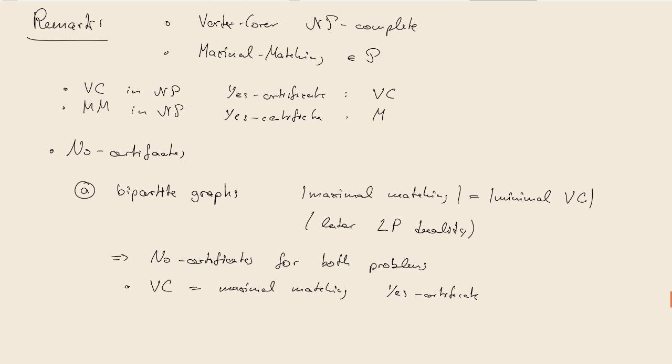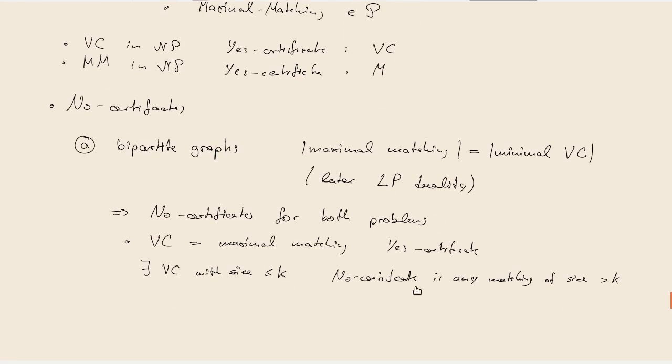Right, so if we ask, is there a vertex cover with size at most k, then the no certificate is any matching of size greater than k. This is always true, but in bipartite graphs we also know there must be one such matching that we can actually find.